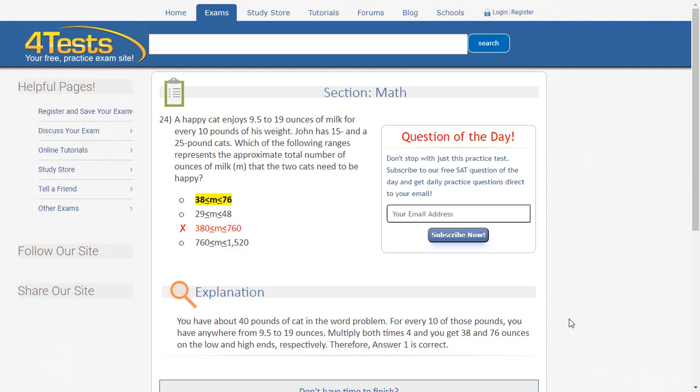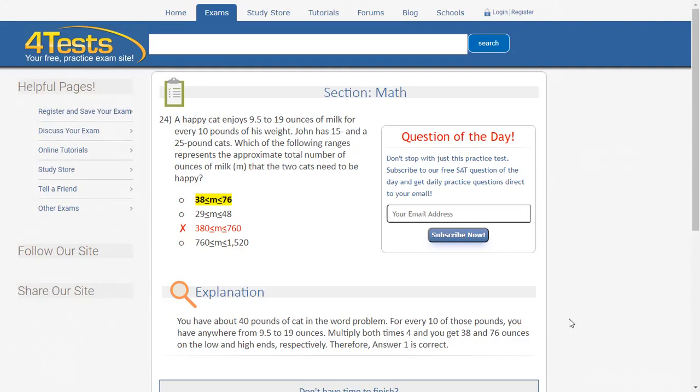What I mean to say is that M is the amount of this: 9.5 to 19 ounces of milk for every 10 pounds of his weight. I forgot to divide by 10 there. Okay. Anyhow, 15 pounds and 25 pounds. Which of the following represents this?